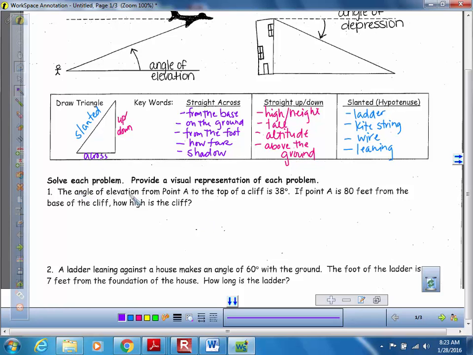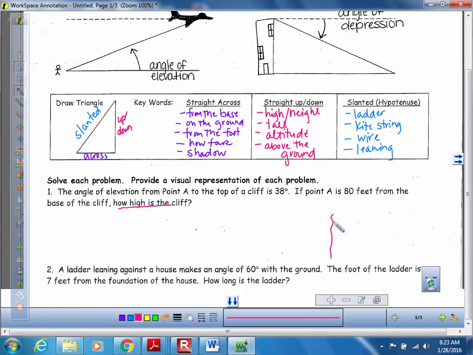Number 1 says the angle of elevation from point A to the top of the cliff is 38 degrees. If point A is 80 feet from the base of the cliff, how high is the cliff? Okay, so here is how high is the cliff. I'm going to let this be our cliff right here, which is our straight up and down.